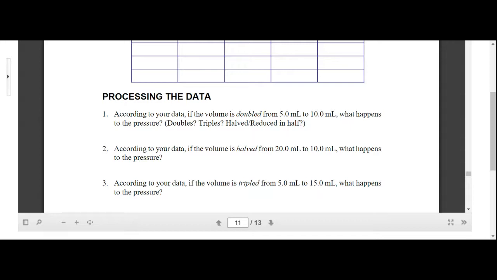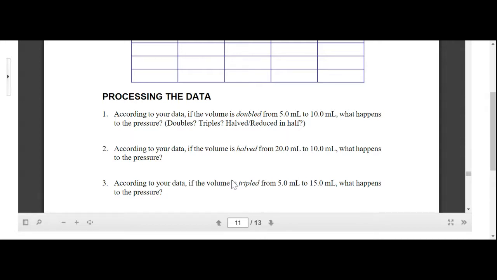We have control of what the volume should be. Then when we change it, we measure the pressure. The change in pressure is the result of the change in volume.